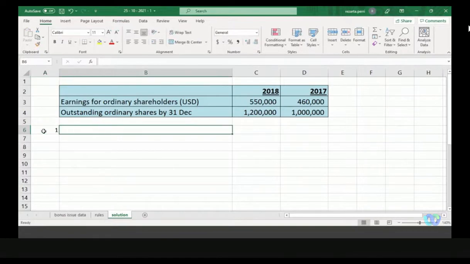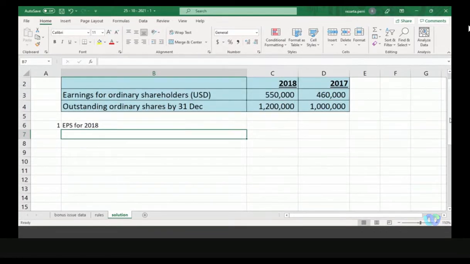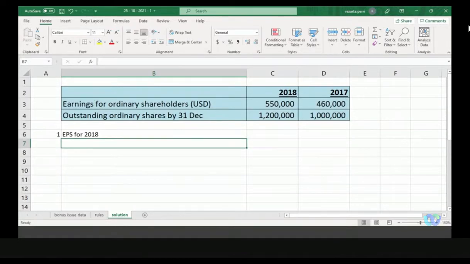So the first thing is that I need to calculate earnings per share for 2018. This is the first requirement of this example. Remember that the earnings per share is a ratio between the amount of the earnings and the weighted average number of shares in issue.